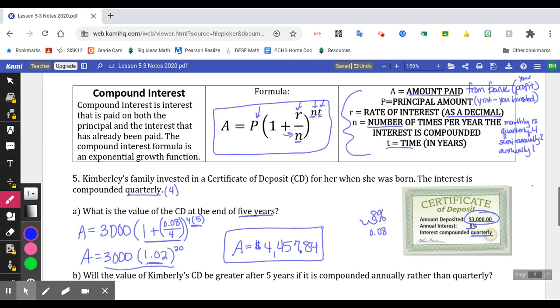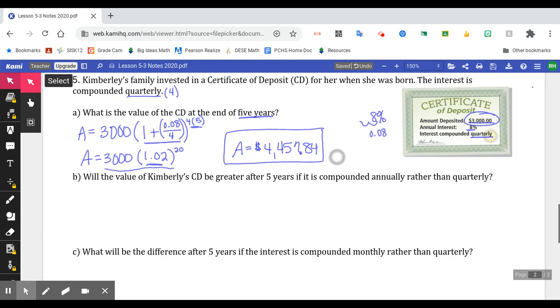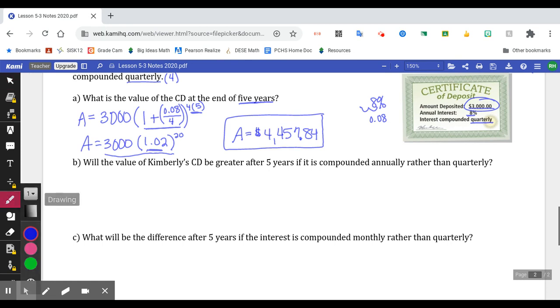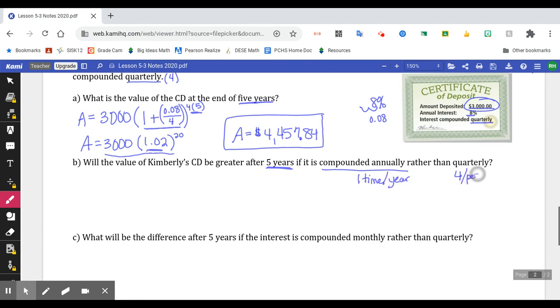Now let's look at the next question. Will the value of Kimberly's CD be greater after 5 years if it is compounded annually rather than quarterly? Well, we could do this math-wise, but if it's the same amount of time and you're earning less interest because it's only doing it annually, that means it's only happening 1 time per year versus 4 times per year.